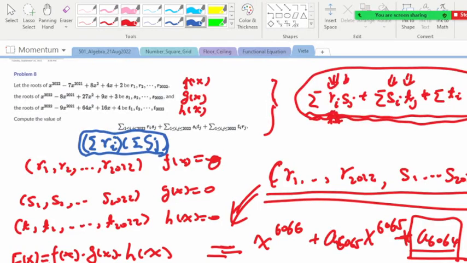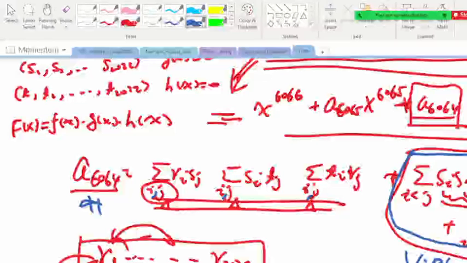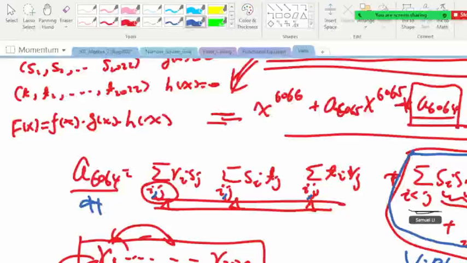Wait, for this one, I was going to clarify something. Is there a comma here? Oh yes, there is a comma. Should be a comma here. Wait, so if it's a comma, are we counting these cases twice? No, because it's different groups. So one is i, j, but then the i, j are different. This one's i less than j, but isn't this one j greater than i? Hold on.